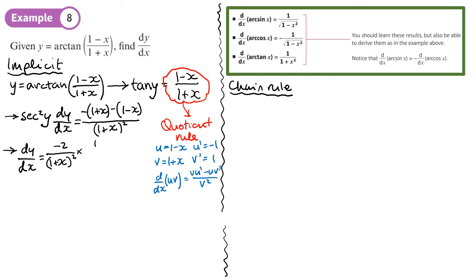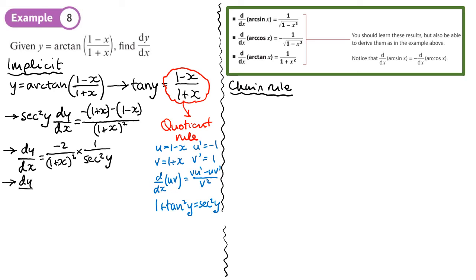times 1 over sec squared y. Now we need to get back in this tan y. Now we've got that identity which says 1 plus tan squared y is sec squared y. So that means I can do 1 plus tan squared y at the bottom.